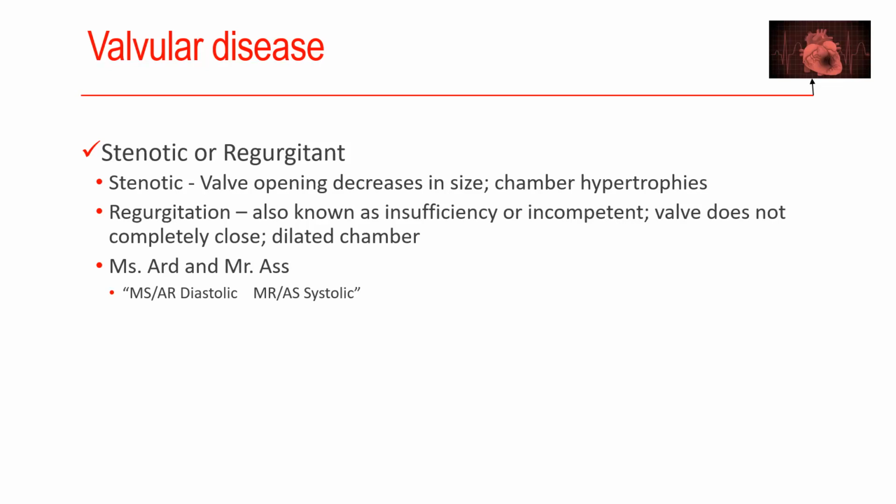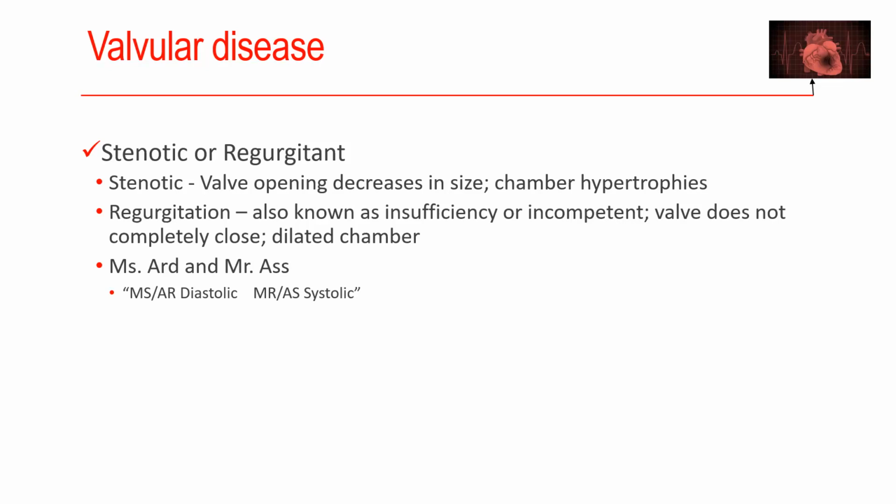So what valves are you looking at for the possibility of stenosis if it's a systolic humming murmur? Your semilunar, and most likely it's going to be aortic. It's a little unusual to see pulmonic stenosis, and especially on exam, they want to ask you about aortic stenosis. That's a really important concept.